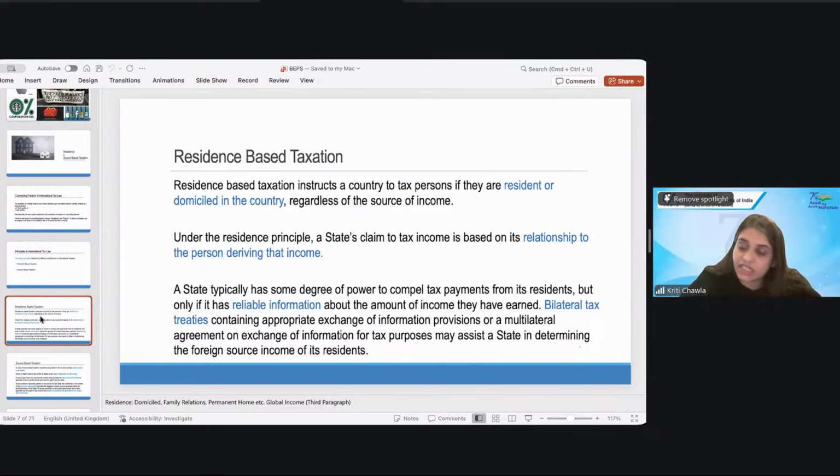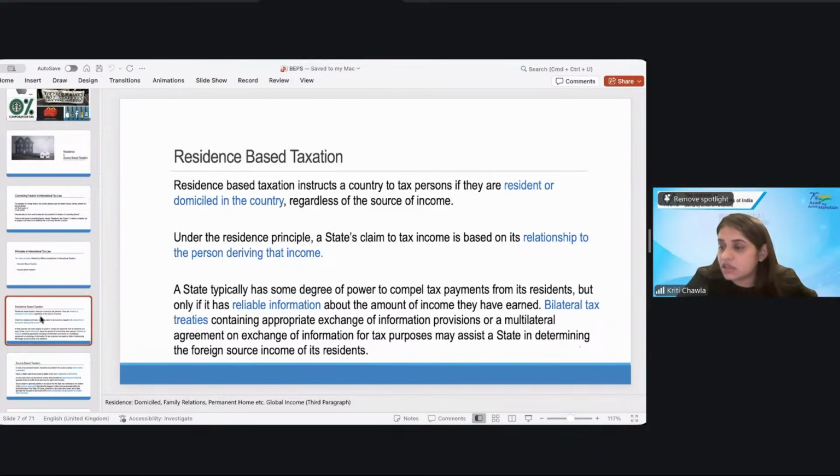So whether they're earning income in India or outside India, it's going to be taxed in India. Similarly, for a company, wherever the company is a resident, their global income will be subject to tax there. So if a company becomes a resident of India, whatever profits are derived in any other jurisdiction will all be taxed in India.